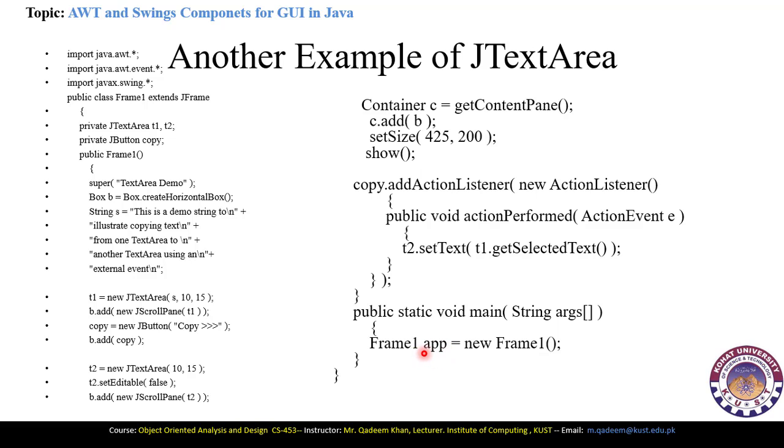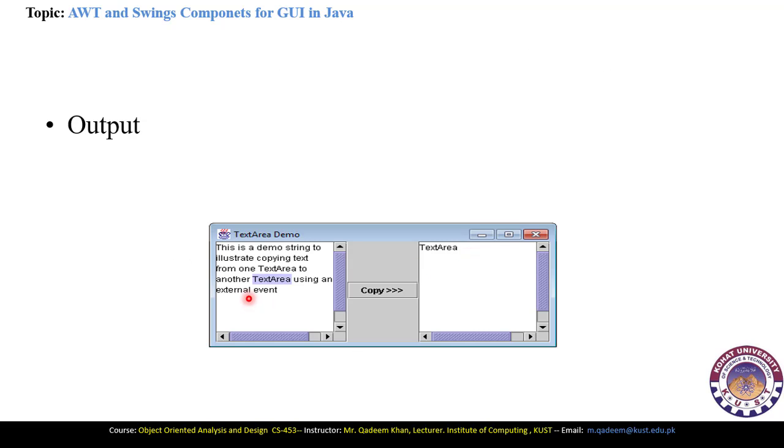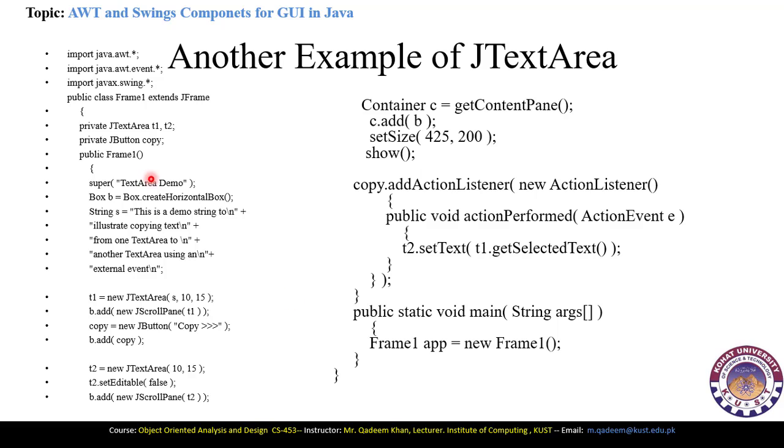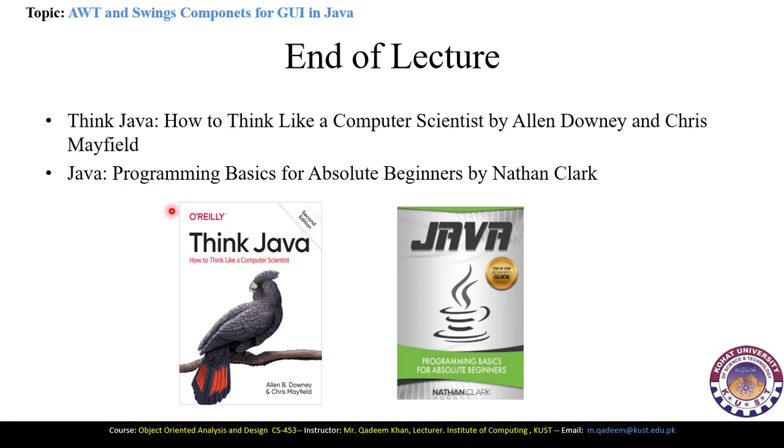So when this object is defined, its constructor is also called, which contains the full definition of the GUI and also the event which copies text from one JTextArea to the second text area. This is the output. So dear student, you should run this program yourself so that you will get practice. Also you need to perform some more practice over this example.